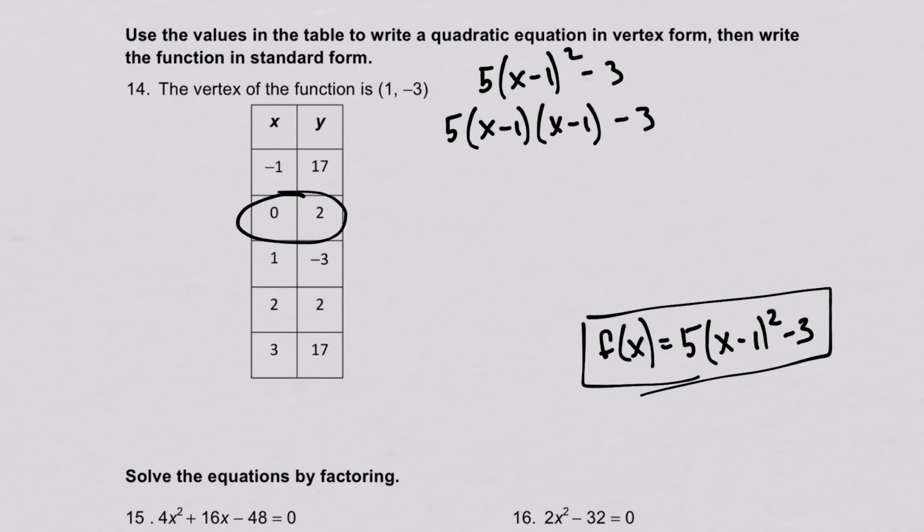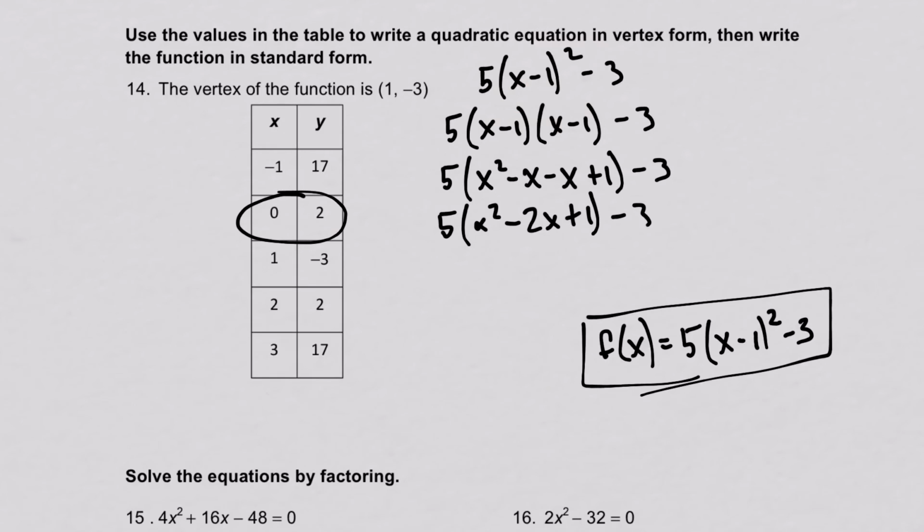Use FOIL to multiply x minus 1 times x minus 1. Okay, so for that, you guys should be able to handle it, right? x times x, x times negative 1, and so on. It's going to be x squared minus x plus 1 minus 3. Combine the negative x and the negative x together to make negative 2x. So x squared minus 2x plus 1 minus 3.